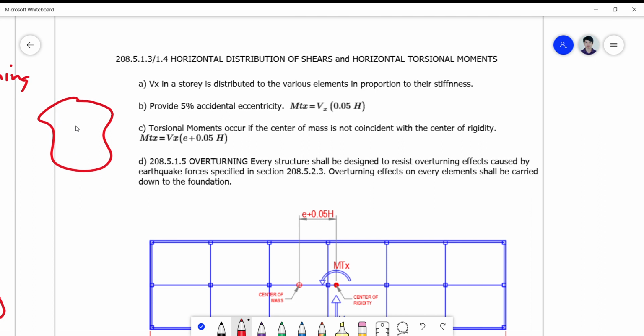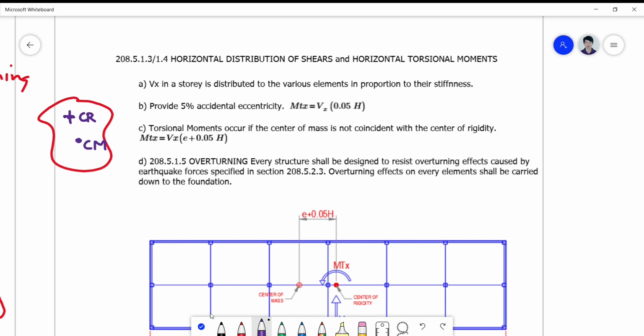This helps us understand that if we have here a body, say I have the center of rigidity, CR, and I have here the center of the mass, CM.